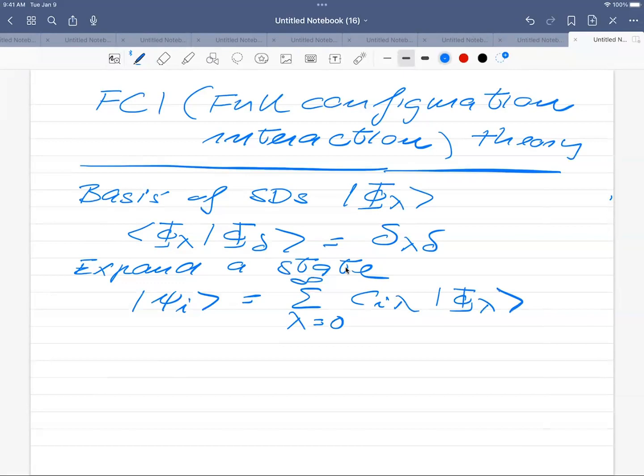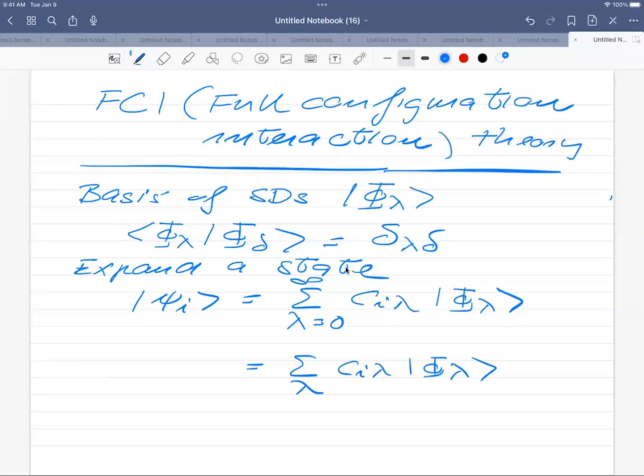Now, I'm going to skip this infinity sign, and I'm just going to write this with the subscript lambda here, because we will always have to truncate this summation. We can never run with an infinite basis. In the previous case, which we looked at for this Lipkin model with 4 particles, we end up with 70 Slater determinants when we do the combinatorics with replacement.